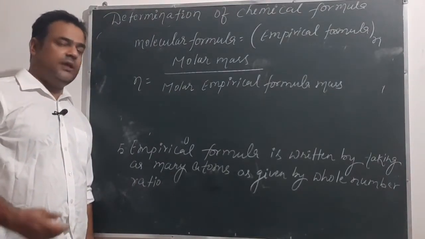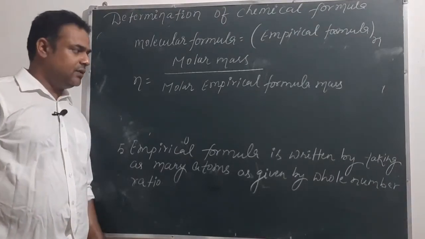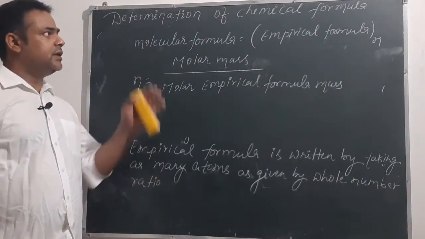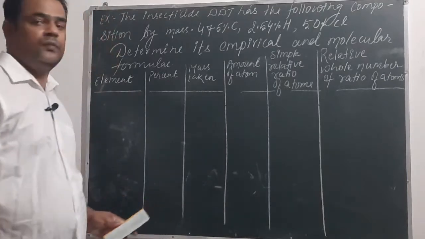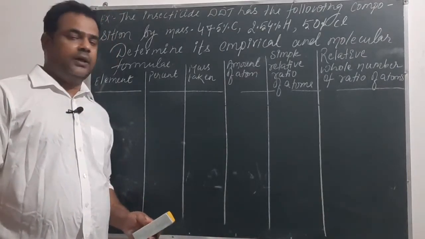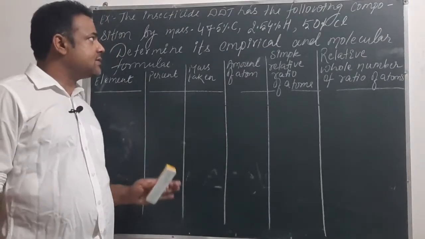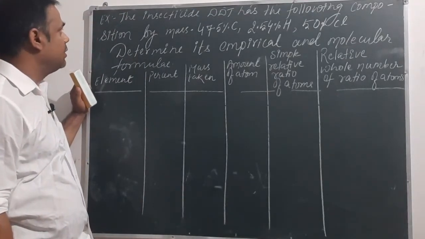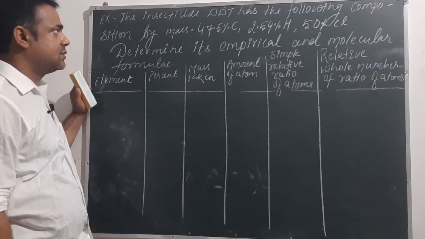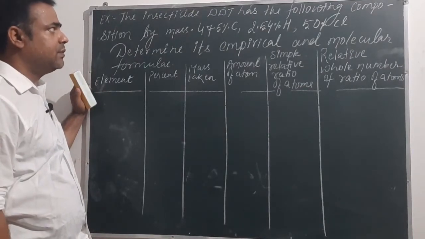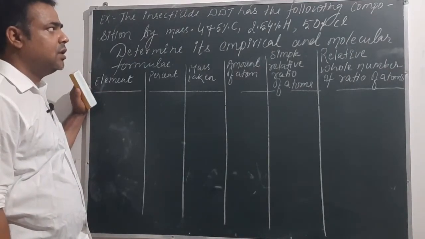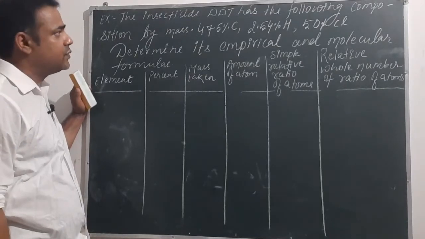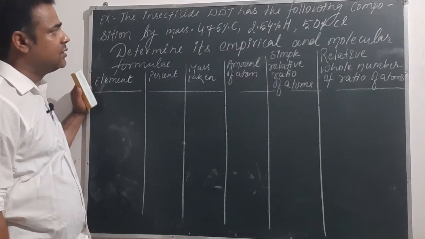Now we'll see one example, and by that example we'll understand how to determine the empirical formula of any compound. First we'll make a table like this. The question is: the insecticide DDT has the following composition by mass: 47.5% carbon, 2.54% hydrogen and 50% chlorine.